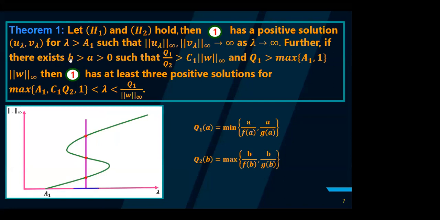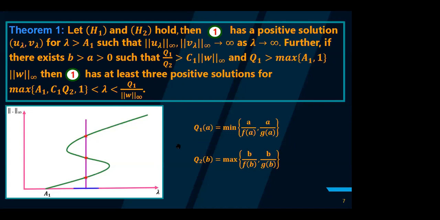Further, if there exists b greater than a greater than 0 such that this quotient is bigger than this number and q1 is bigger than this particular number, then our model has at least 3 positive solutions for lambda between this number and this number. And here q1 and q2 are defined as given here.